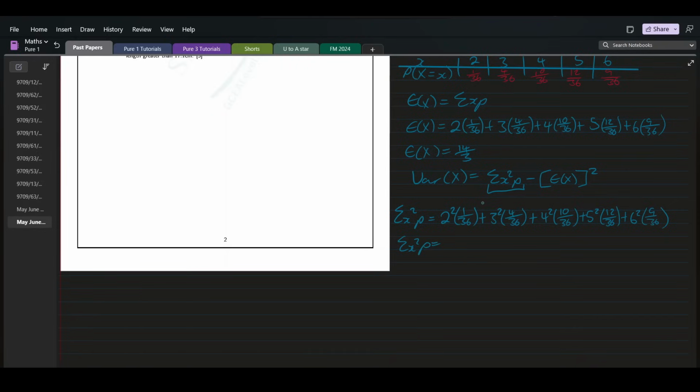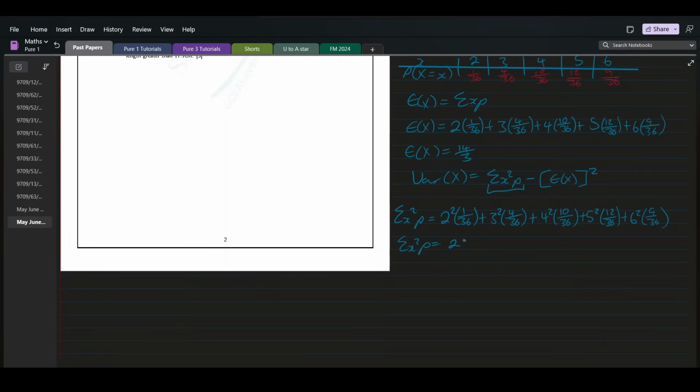Summation of x squared p. Let's punch this into the calculator. 2 squared times 1 over 36 plus 3 squared times 4 over 36 plus 4 squared times 10 over 36 plus 5 squared times 12 over 36 plus 6 squared times 9 over 36, and this gives us 206 over 9.